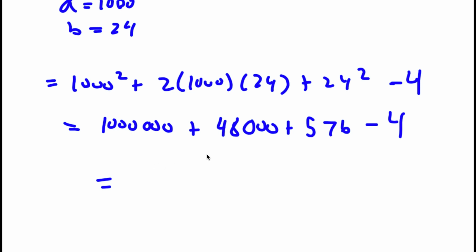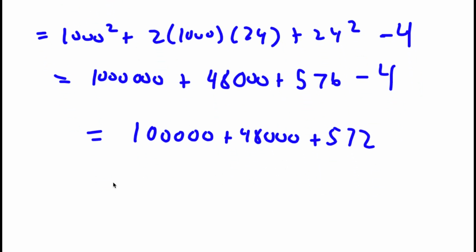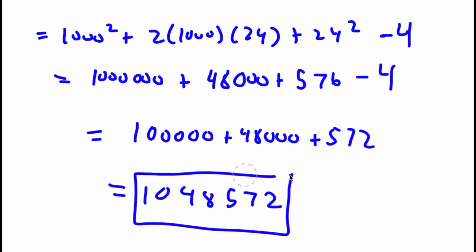And 576 minus 4 is 572. So I have 1,000,000 plus 48,000 plus 572. And this is equal to 1,048,572. So this is my answer.